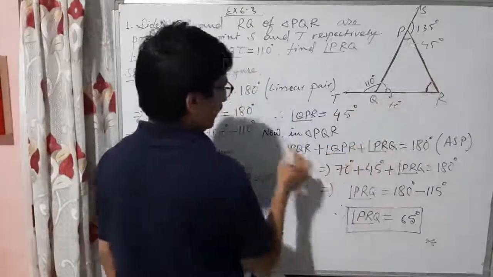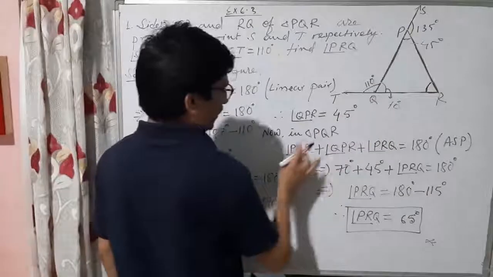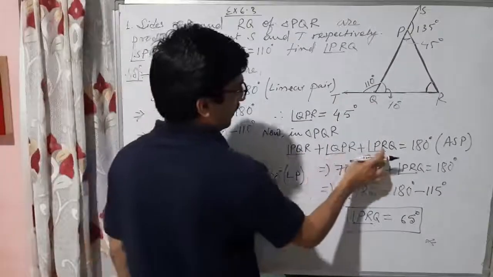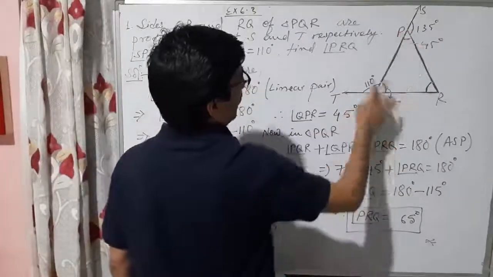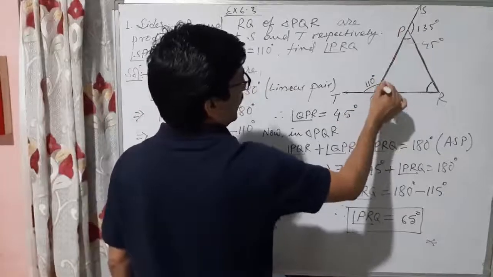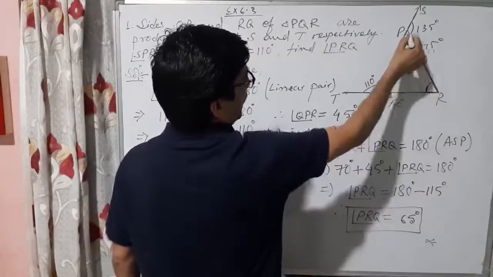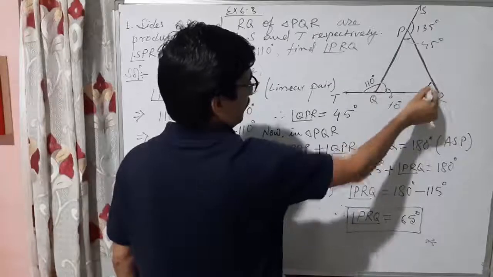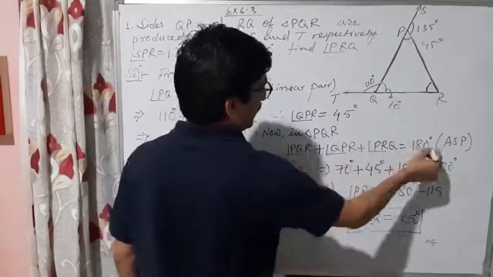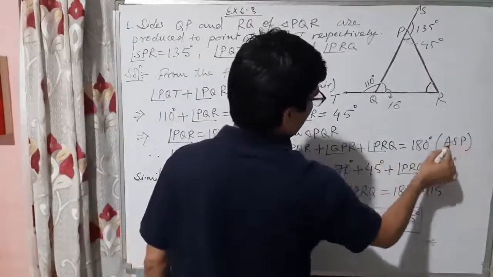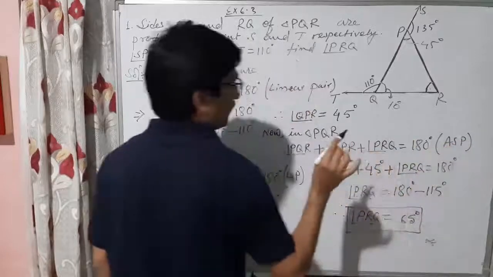The third one I can find out in triangle PQR, the main triangle. PQR plus QPR plus PRQ. PQR means this angle, and QPR this angle, and PRQ means this angle. These three angles added make 180 degree, that is ASP I have written. That means angle sum property, you write in full.